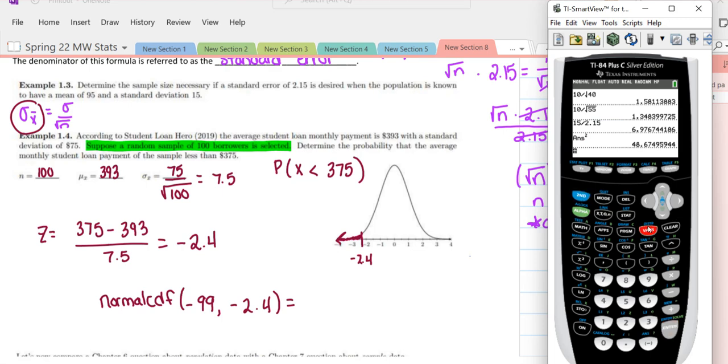So second distribution, normal CDF, negative 99, and then upper limit negative 2.4, mean of 0, standard deviation of 1, paste. And then we get 0.008.